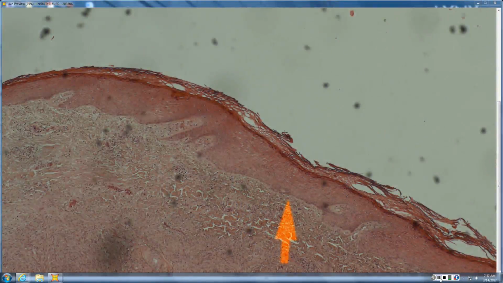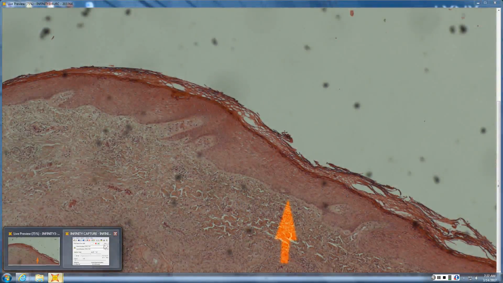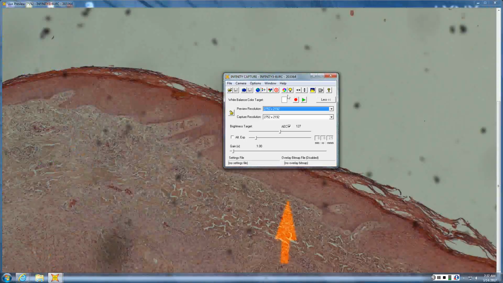So there's no follicular induction, but there is acanthosis. How often do you see acanthosis in big tumors of various sorts? It's not very common. Normally you would have effacement.